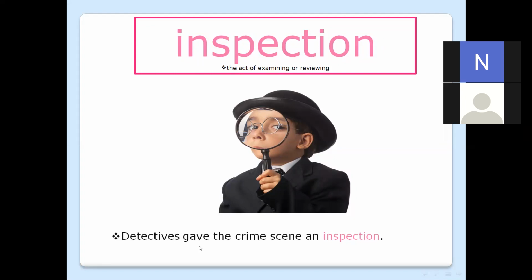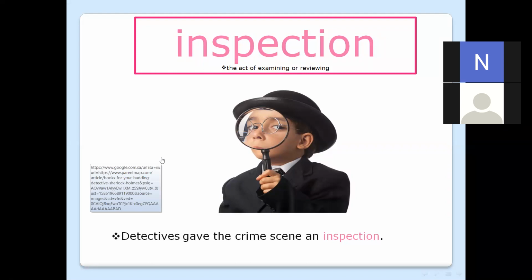Detectives gave the crime scene an inspection. They are examining again the place where they had the crime scene. So the detectives gave the crime scene an inspection, an act of examining or reviewing.